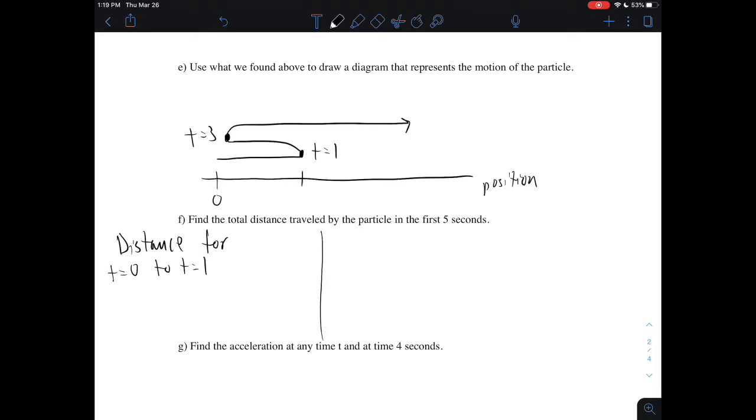And then we're going to find the distance for t equal to 1 second to t equal to 3 seconds, because that's when we're heading in a negative direction. And then we're going to need the distance when we're back moving positively for t equal to 3 to t equal to 5.